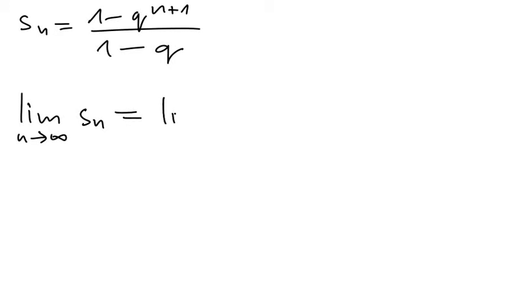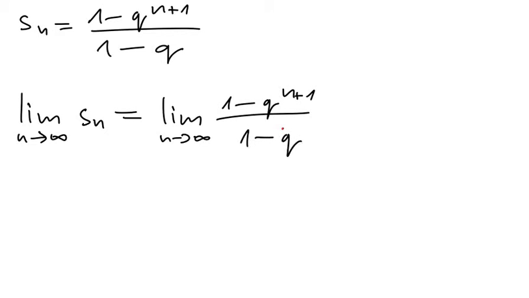So what is the limit for n going to infinity of 1 minus q to n plus 1 over 1 minus q. So this thing down here is just a constant, and now the only thing it depends on is the value of q.